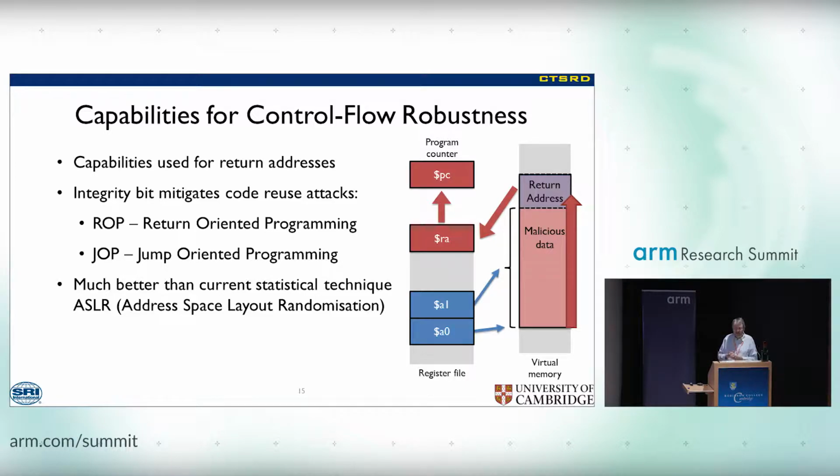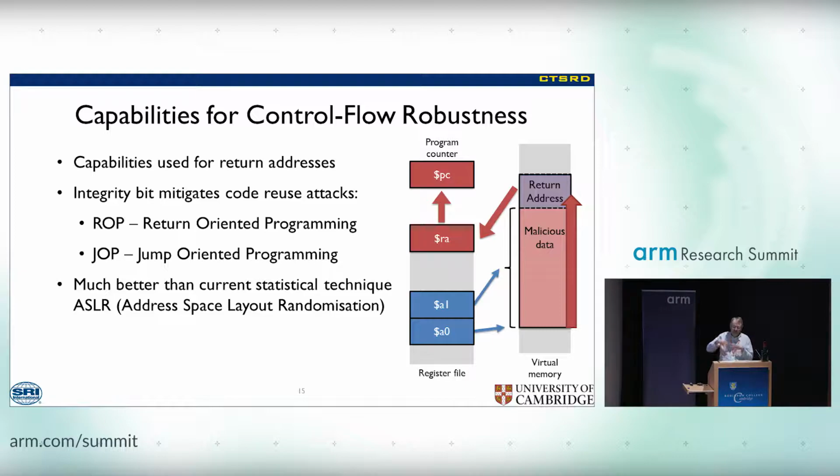What we do instead is a return address when it's placed on the stack is a capability. And it's an executable capability. Executable capabilities are very difficult to just magic out of thin air.